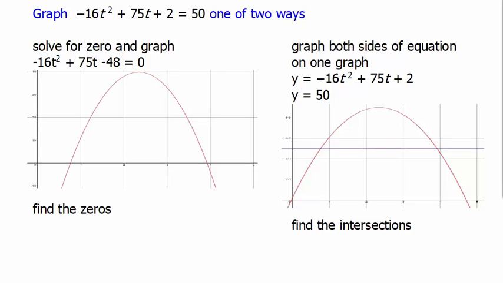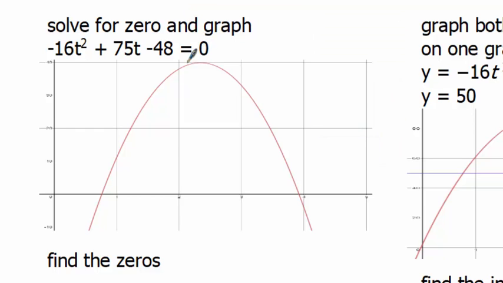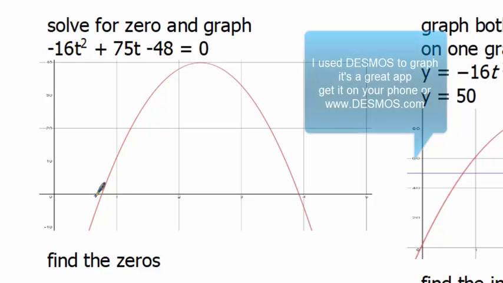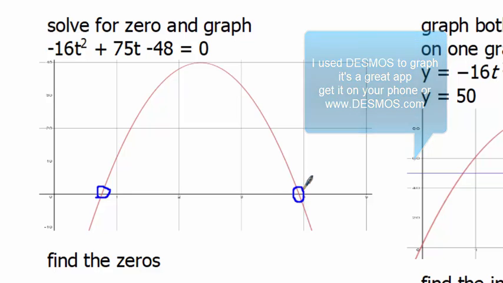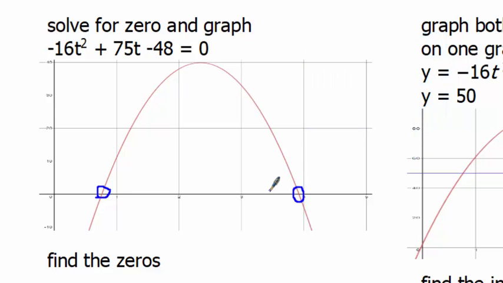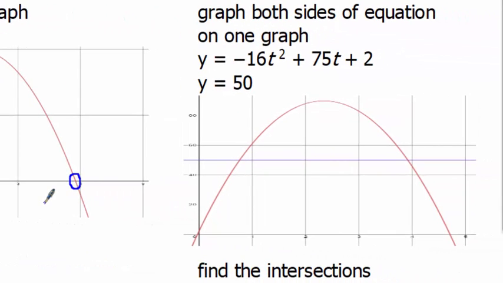There are two different ways that we could graph. The first way that we're going to graph is we're going to move everything over to one side, say it's equal to 0, and then the zeros, once I have that graph, are at these 2 points. Do they look like they're approximately 0.75 and 3.9? The second way that I can graph is I can graph the two separate sides of the equation.